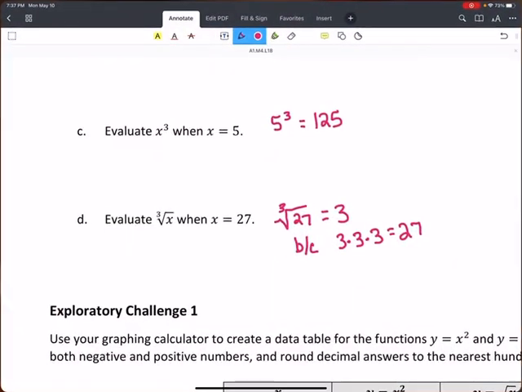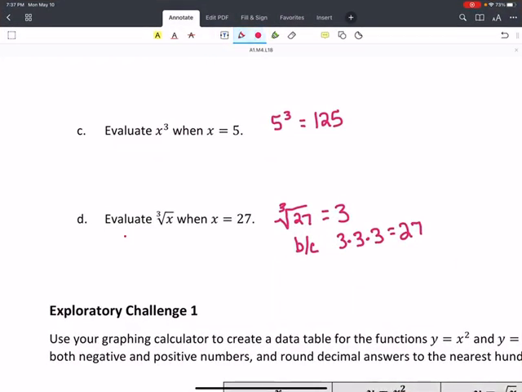And then I'll just type in 27 and enter, and it tells me the answer is 3. You see that up there? The answer is 3. So again, on the calculator, I went to math, and then the fourth option was that cube root option.